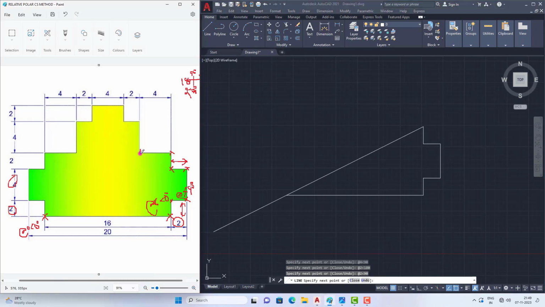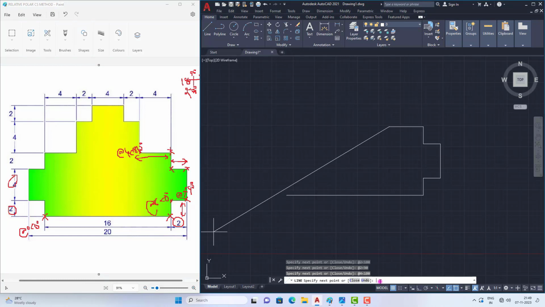And we need to reach here. So we need to go back. This is the coordinate value and we need to go back 4. So @4<180 degree. The corresponding angle is 180. So we give the value 4<180 and press enter.